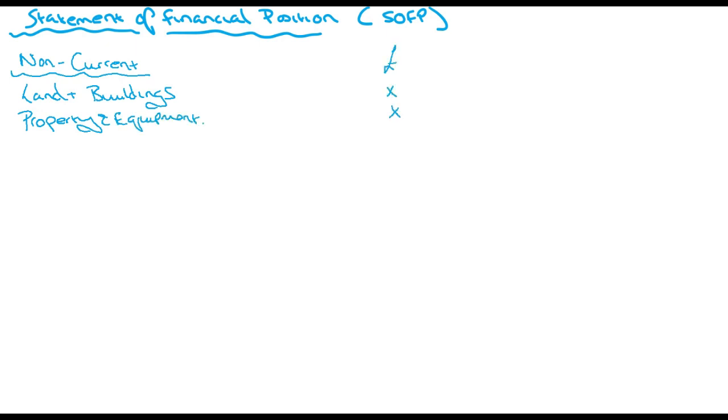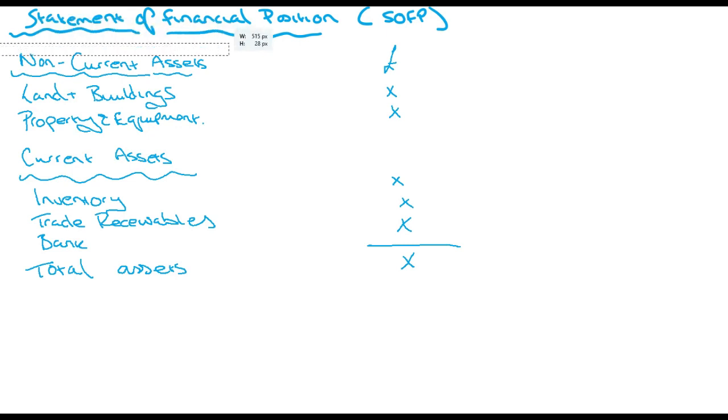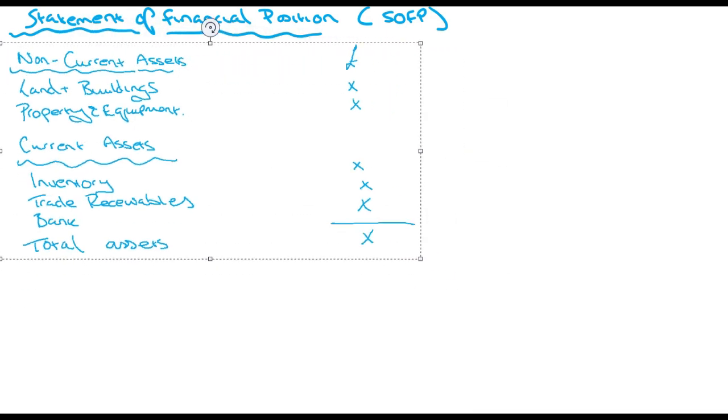And then we'll have current assets, where we might have inventory, trade receivables, bank, and then our total assets. If they were all positive there, then our total assets would be the total of these assets up here and these assets down here. Let's try and make that a bit smaller so we can fit it all on.